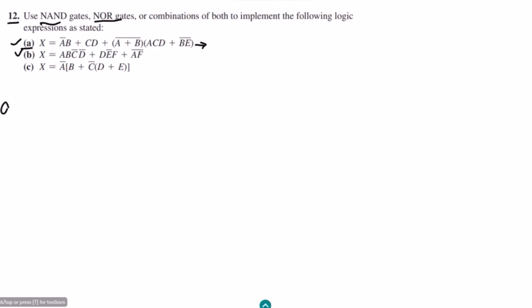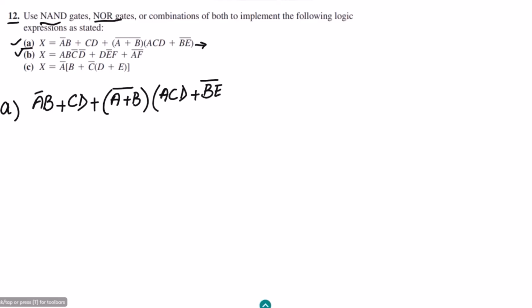Okay, so in part A we have the expression A prime B plus CD plus (A plus B) whole complement, ACD plus BE whole complement.